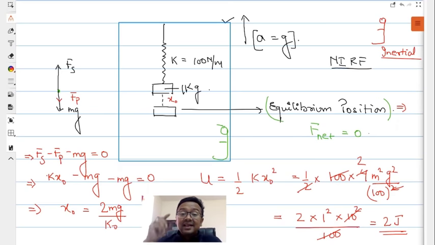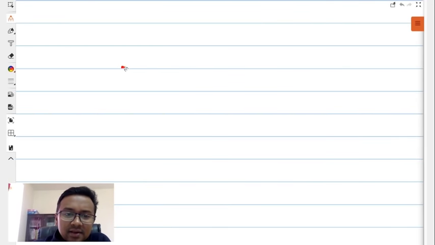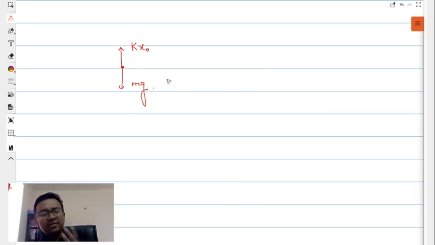Now, from the inertial reference frame point of view, if I draw the free body diagram, how is it going to look? There's a block here. At the equilibrium position, you only have kx naught acting here and mg. Will there be any other force if the observer is in the inertial reference frame? No, absolutely not. There's no other force.